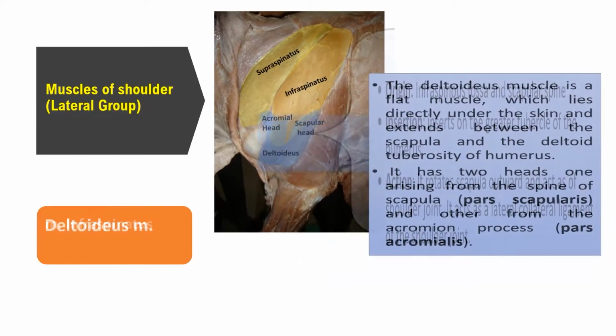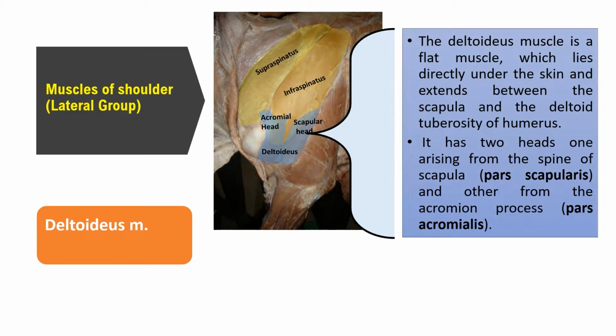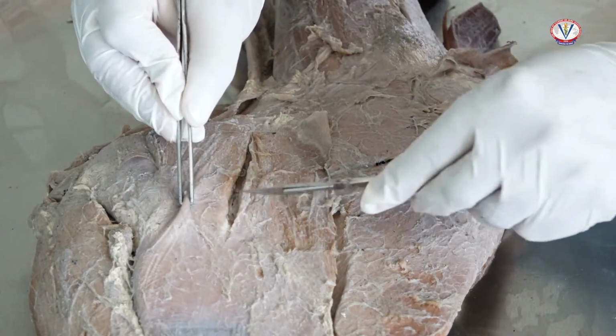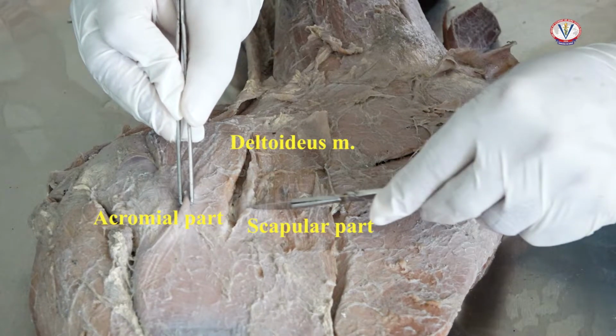The deltoideus muscle is a flat muscle which lies directly under the skin and extends between the scapula and the deltoid tuberosity of the humerus. It has two heads, one arising from the spine of the scapula, pars scapularis, and the other from the acromion process, pars acromialis.